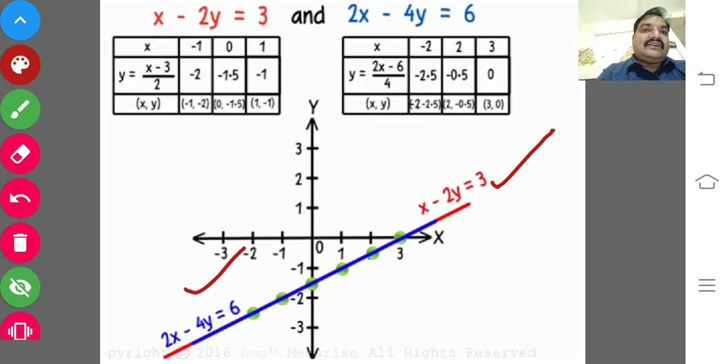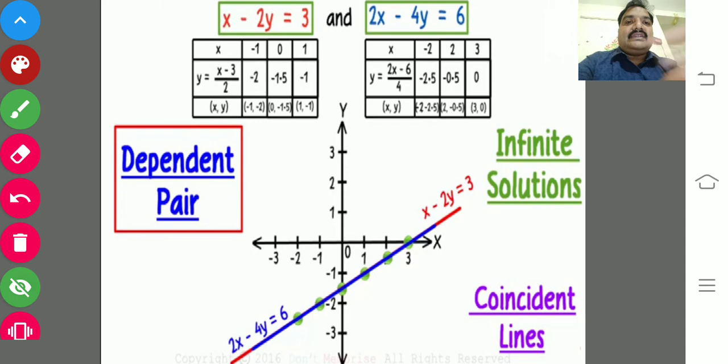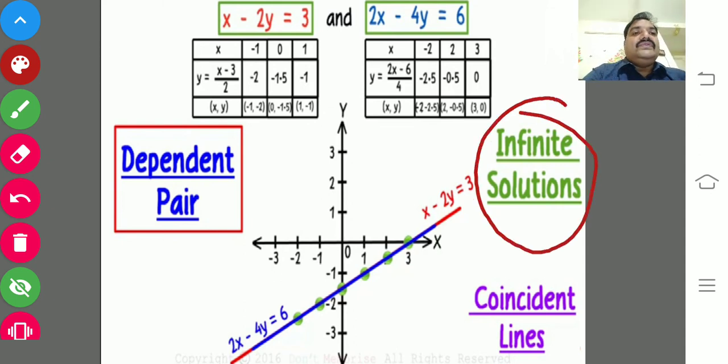If you go with any number of values of x, you will get that many values of y. Uncountable values, unlimited, infinite values we will get. So these are the observations. You just see the next slide, you will get more and more information. Yes, these are coincident lines, and we have infinite solutions.